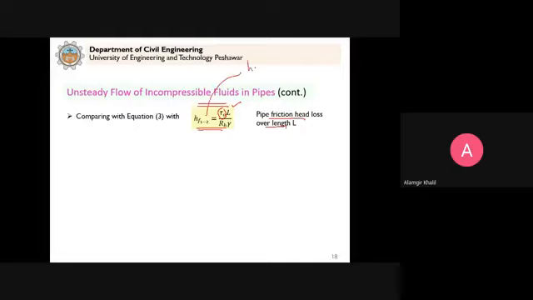This resulted in the Darcy-Weisbach equation: hf is equal to f, the friction factor, into L by D into V square divided by 2g. This is what we got last time.